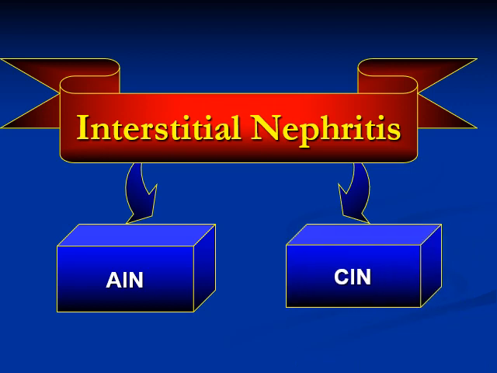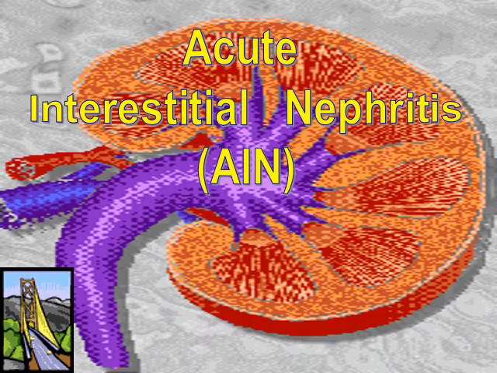According to the nature of this inflammation, interstitial nephritis is classified into acute and chronic interstitial nephritis. Acute differs from chronic interstitial nephritis regarding its etiology, clinical presentation, investigations, and management. Acute interstitial nephritis.